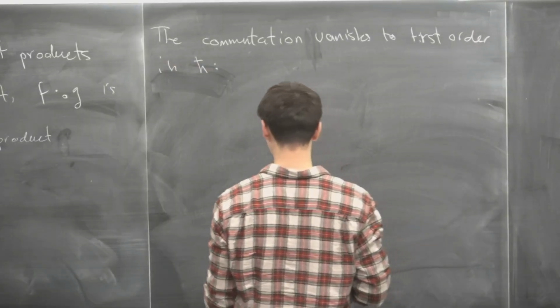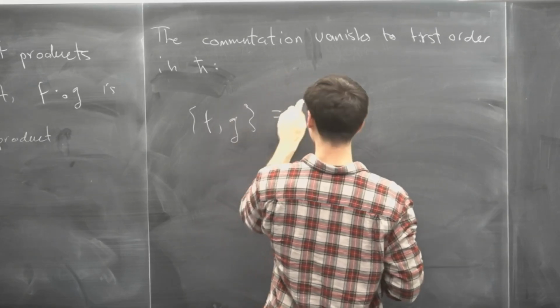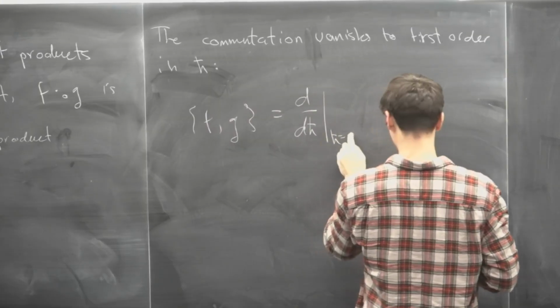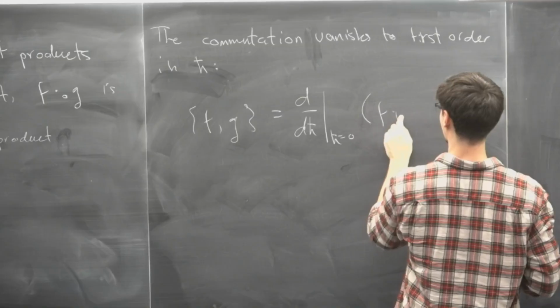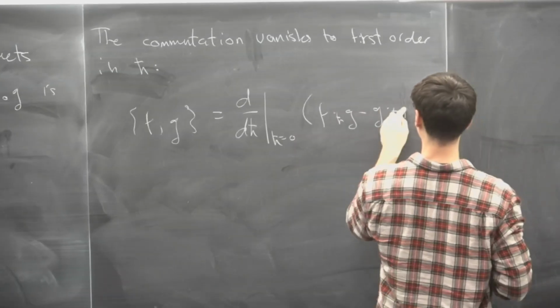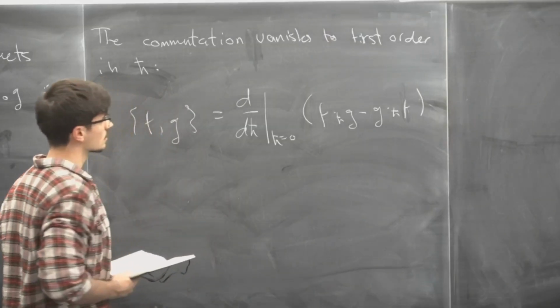Specifically, we require that the bracket is the linear term in this commutation, f star g minus g star f.